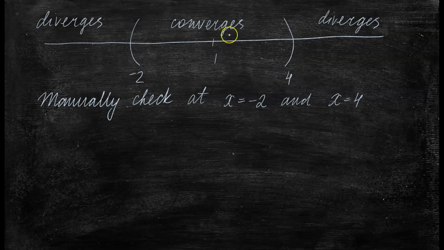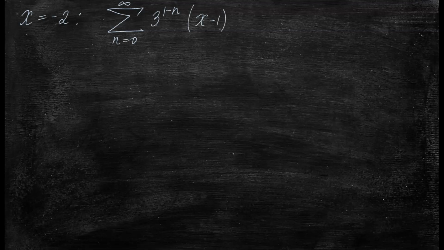When x is equal to -2, our series, remember, we used to have, this is our original power series, but when x is equal to -2, what happens?